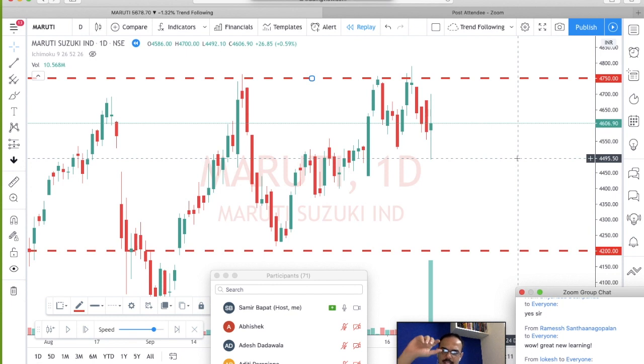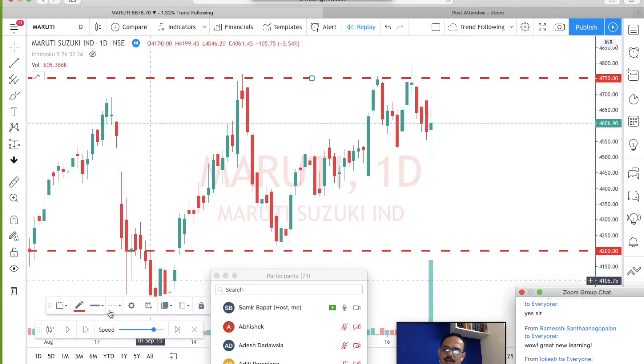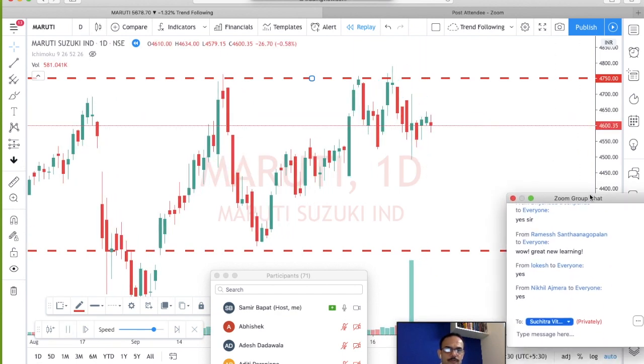So approximately the distance between support and resistance is ranging from 10% to 15%. So if your next support resistance level is between 10 to 15% from the previous one, you are doing fine when you are drawing and practicing it.